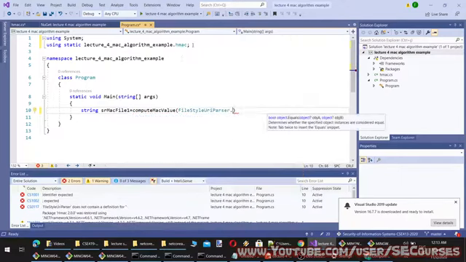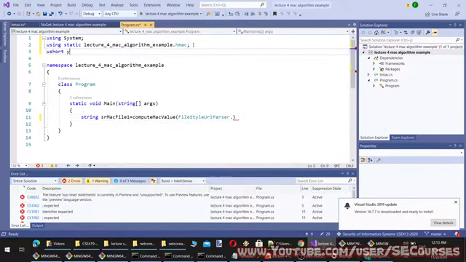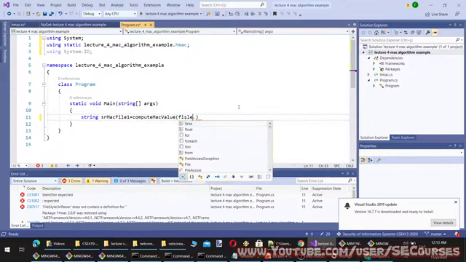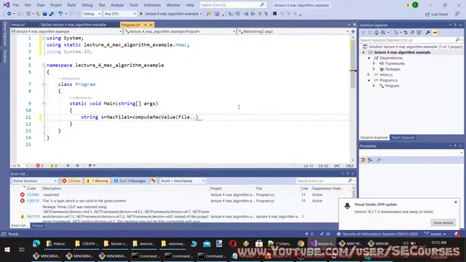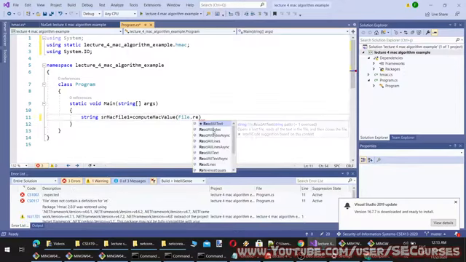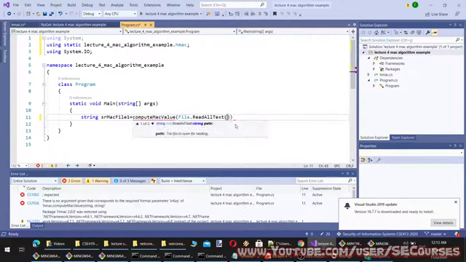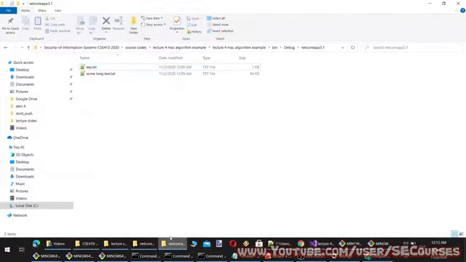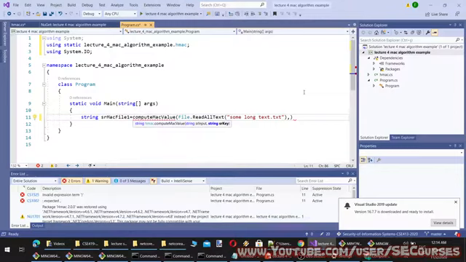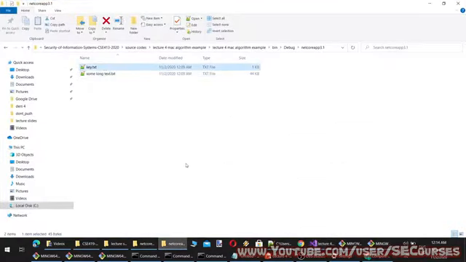To have file operation, I need to add this. So it will be reading some long text and the key. So the key will be like this.